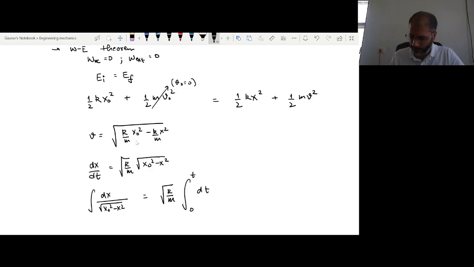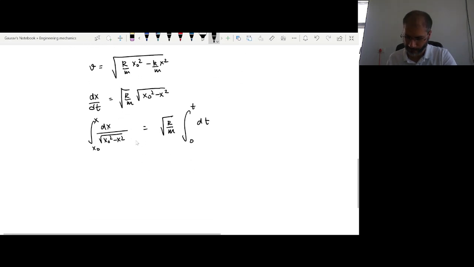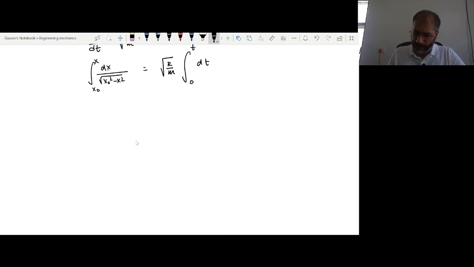So we integrate this from 0 to t, and t equal to 0 was the position at the time when we left it at the maximum elongation. So this was at x naught to some general position x. Right.